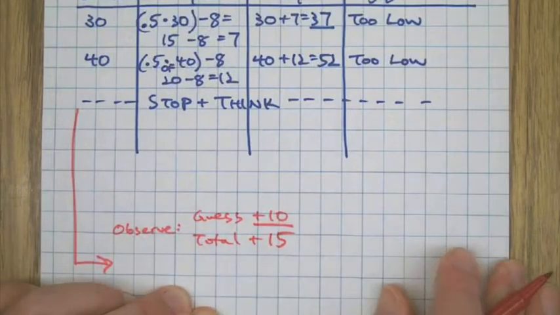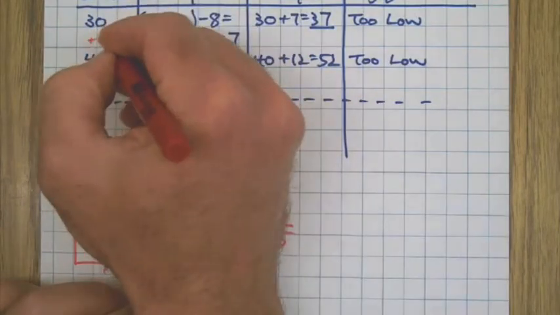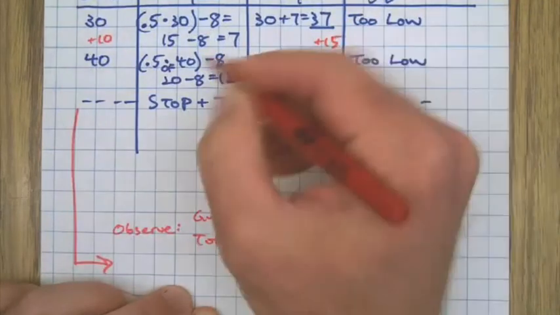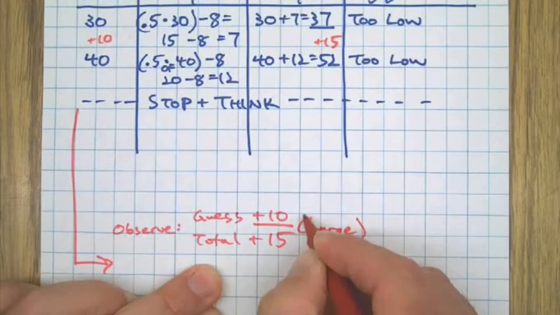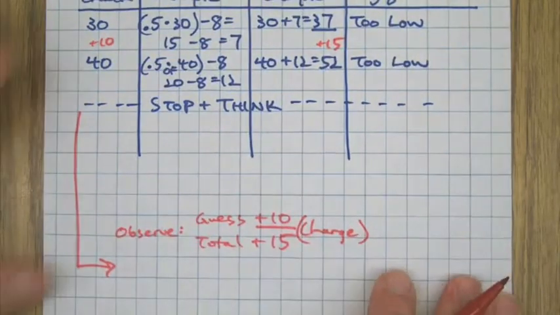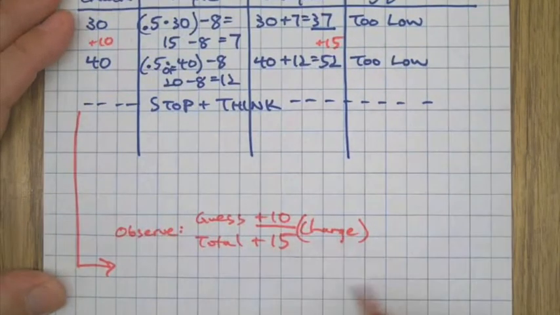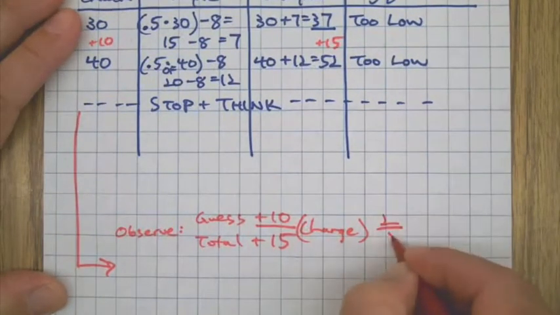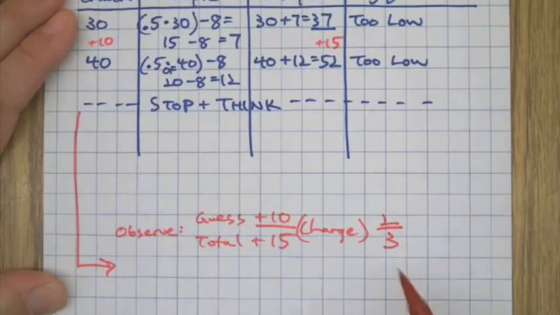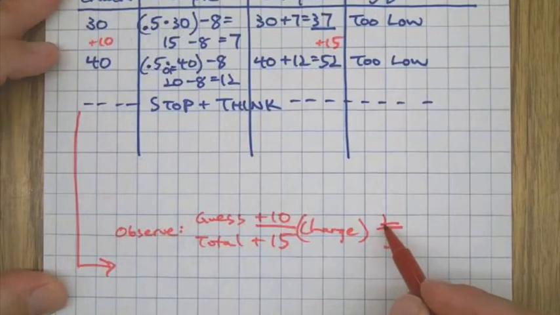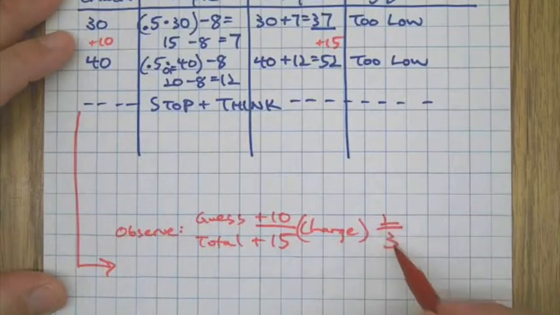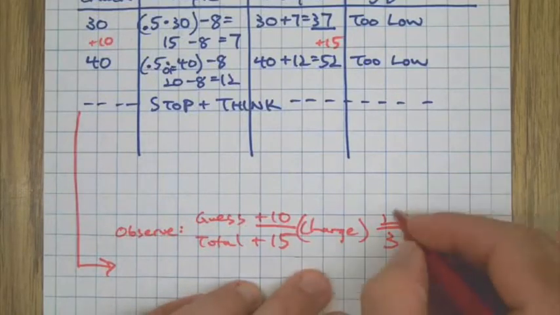You can see that from up above, right? Plus 10 there, plus 15 there. That's the change. So I can see this pattern. That's a fraction that I can reduce to 2/3, right? This means that for every 2 pounds that Chuck's guess changes, the total is going to change by 3. Okay?